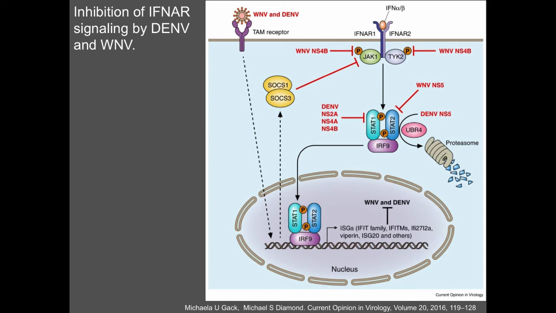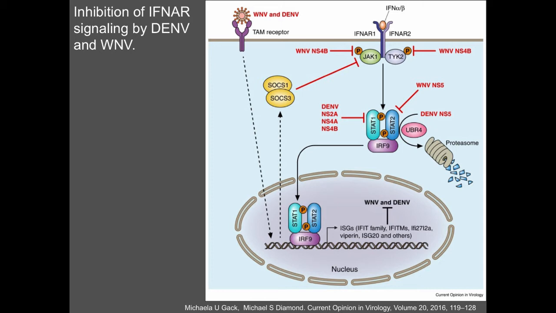So the interplay between the host cell and the virus is complex. It's not that the virus just gets in, uses the cellular machinery, and makes more of itself. There's quite a lot going on during the viral infection. And this is true of all viruses, and they all have some strategy for dealing with this kind of thing.